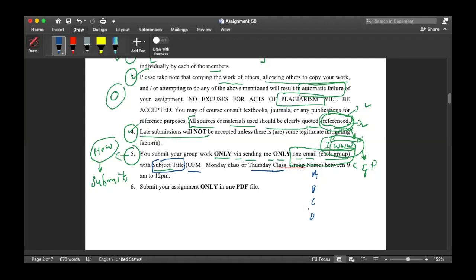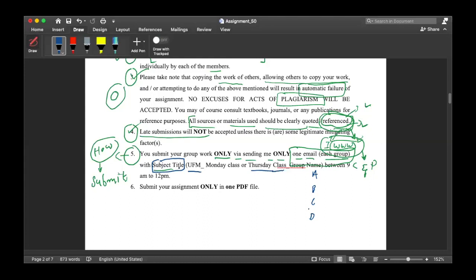If you do not use it, I may not get your assignment or I may not read it, because I do not know what this is and who the assignment belongs to. And then you will say, teacher, why didn't I get any score, or why did I get zero, or why was I marked absent, because you did not write the correct email title.